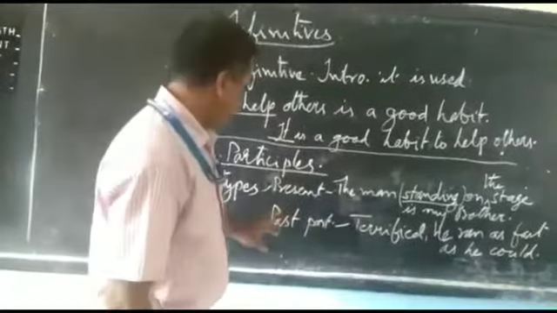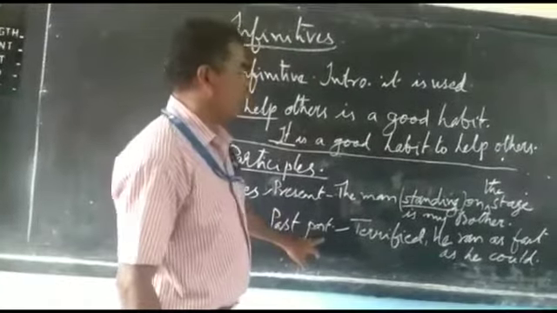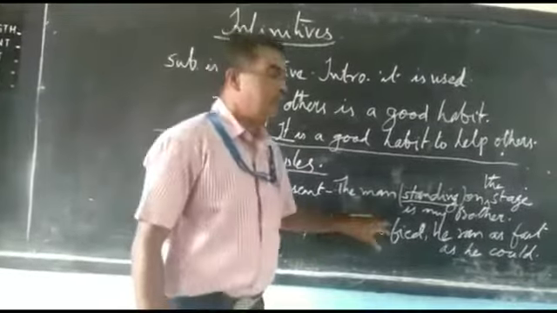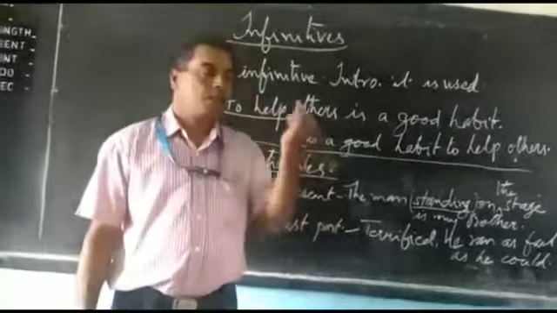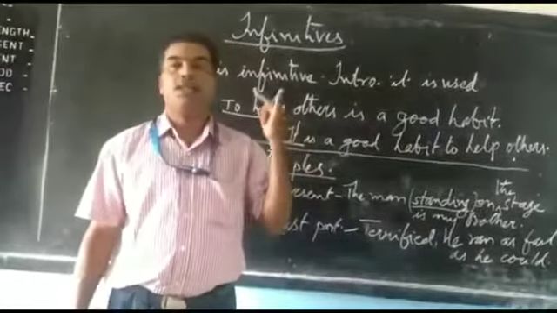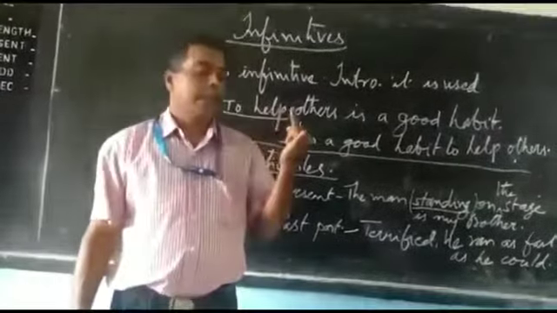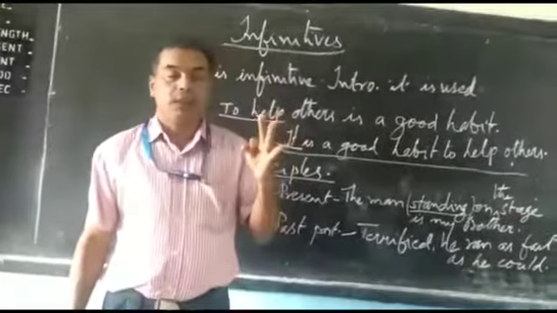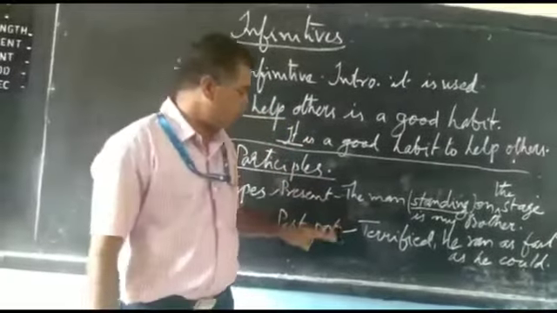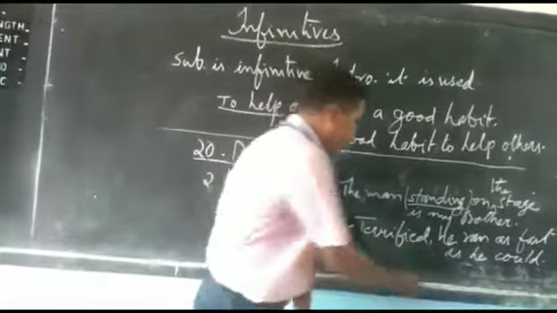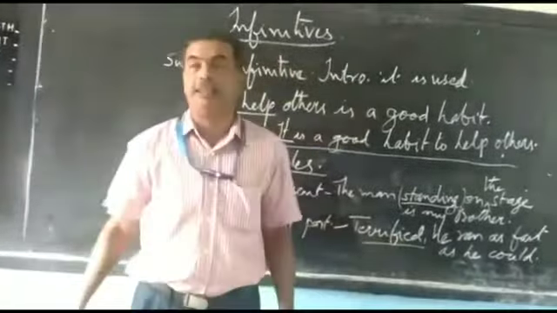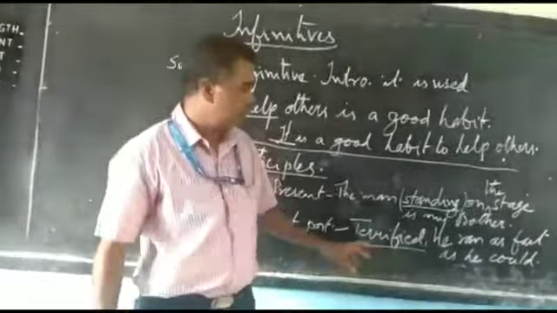And the next one is the past participle. When we studied the verb forms, we studied it as the third form. The first one was the root form, the second one the past ed form, and the third the past participle, ed or ing form. That is what this is. And here there is an example: terrified, frightened, worried.